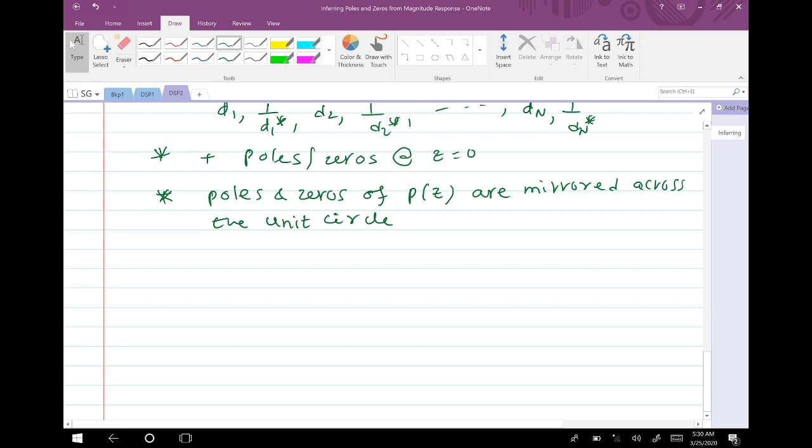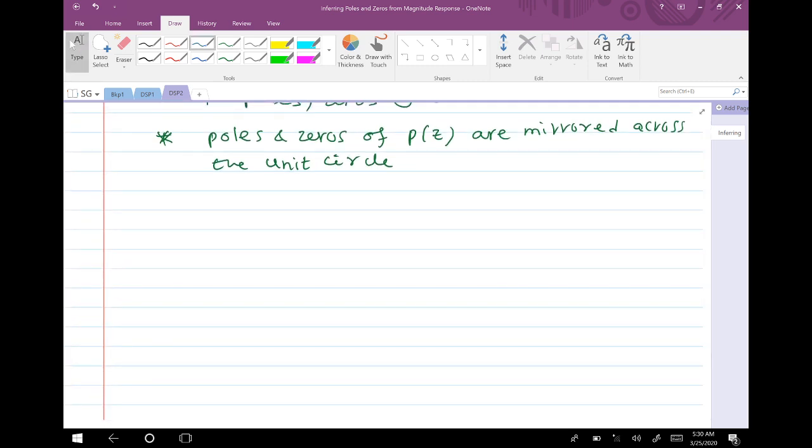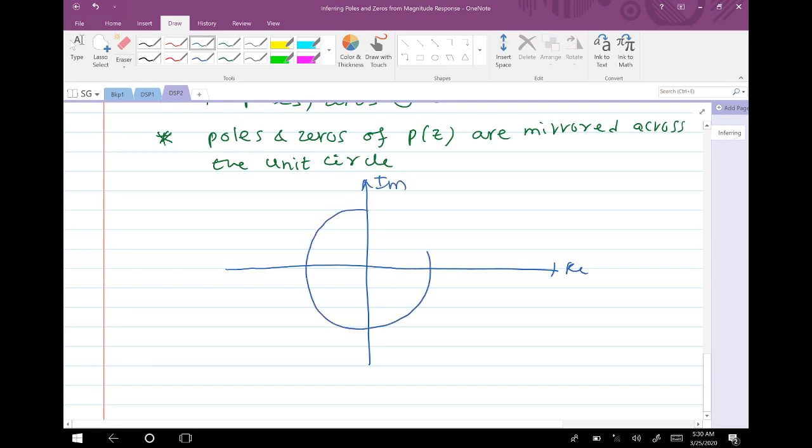Let me draw here. Let's draw the pole zero plot now. That makes things clear. The real axis, the imaginary axis, the unit circle.